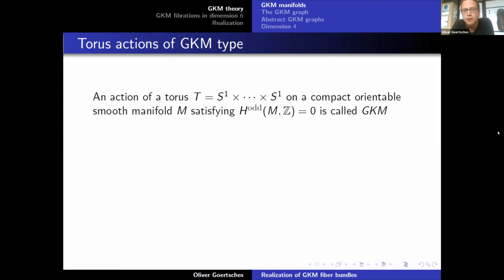Usually this theory is phrased in the context of rational or real cohomology, but the examples we will see later on all satisfy the slightly stronger condition of vanishing odd integer cohomology. Sometimes one then speaks about integer GKM manifolds. This notion goes back to a paper by Goertsches, Goertsches, and McPherson.